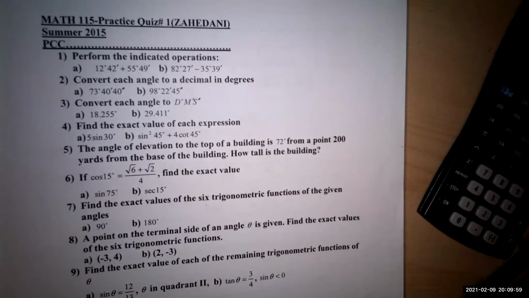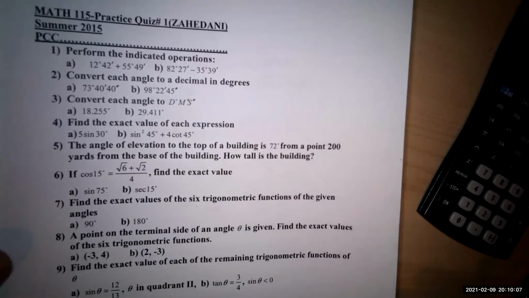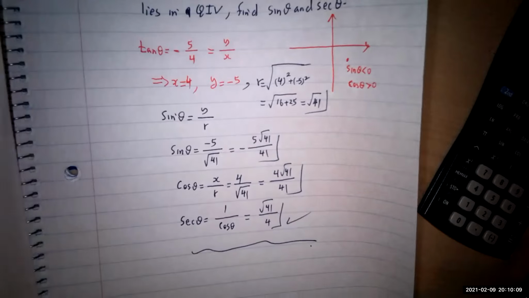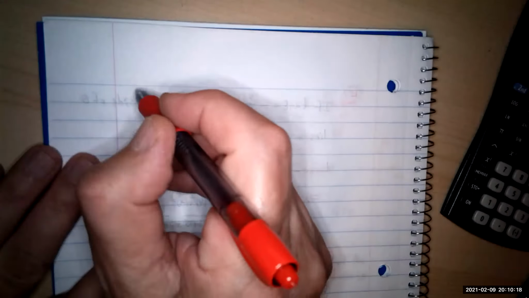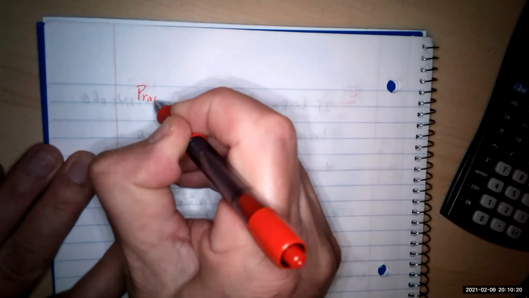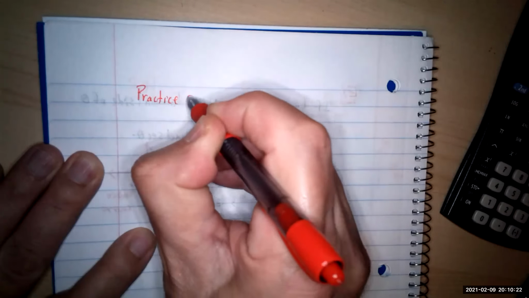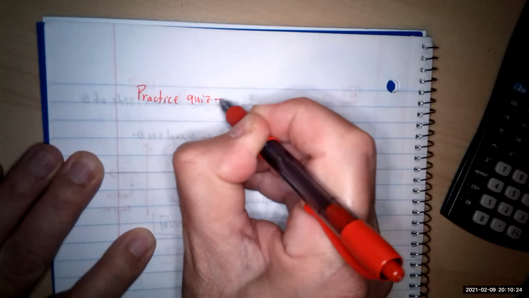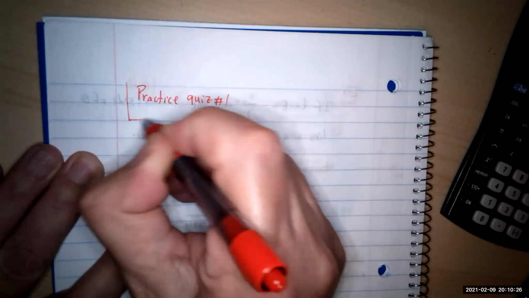We are going to give you one question, putting all these together as one question. Just quickly reminding you of the answers if you want to check for yourself. These are going to be measurements other than the degrees that we have. So this is your practice quiz number 1.